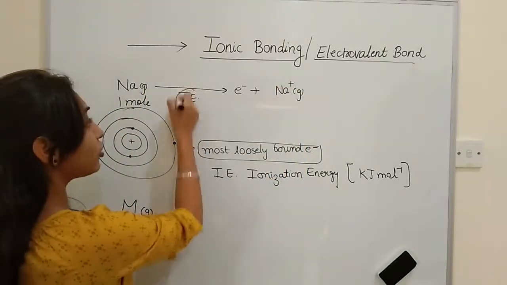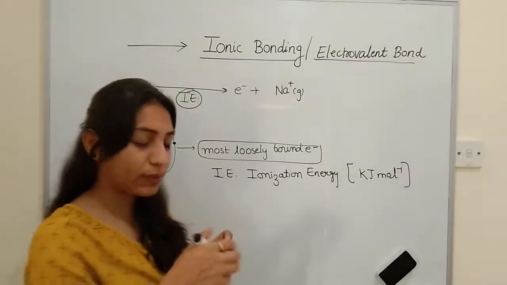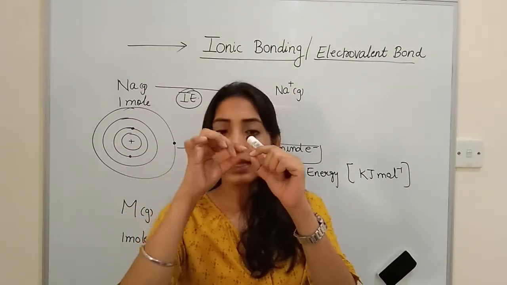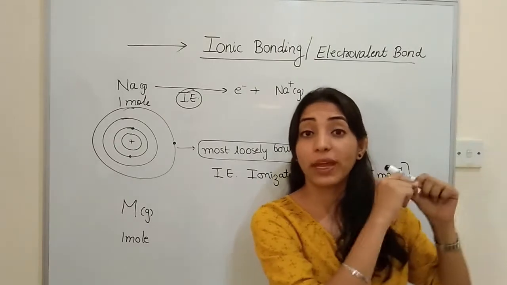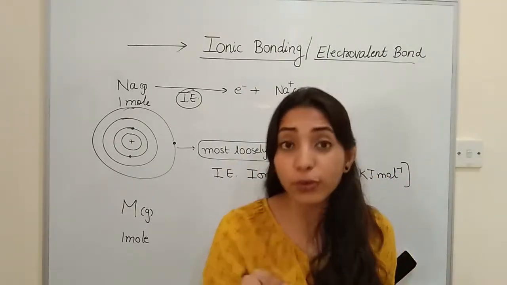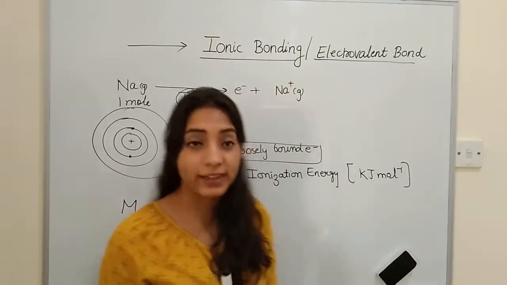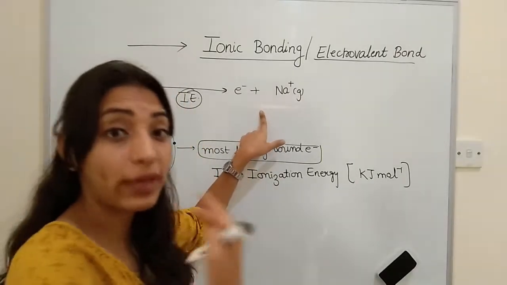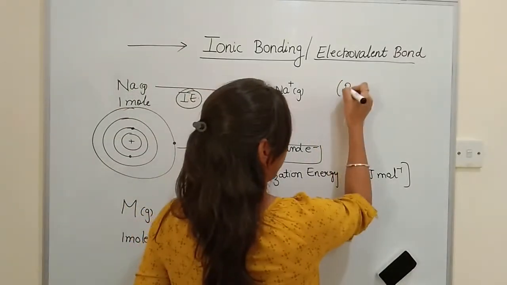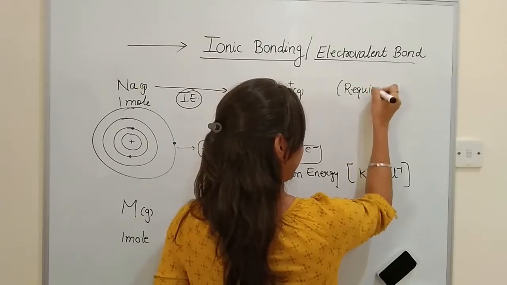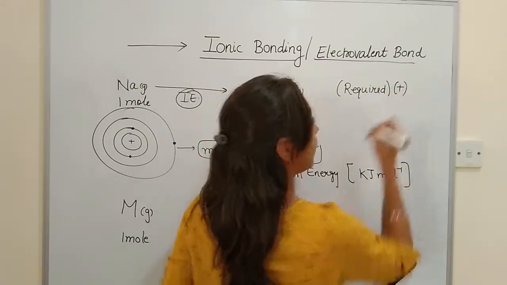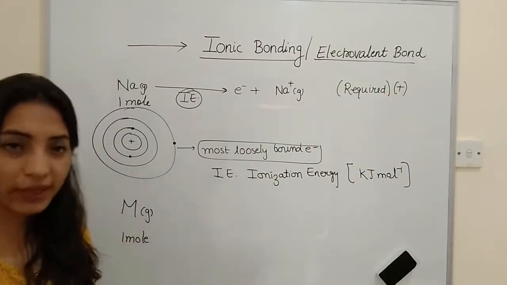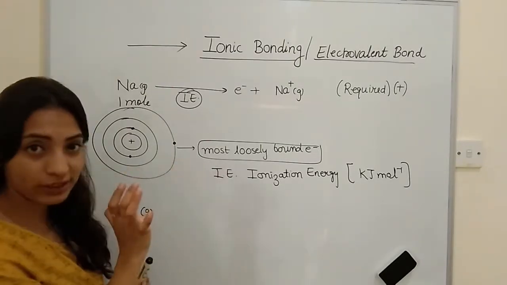So ionization energy you always have to give. Suppose there is this atom with the electron. This electron cannot come out by itself. For sure, you have to provide energy from outside. Now, since this is the energy which we have to provide, this is said to be required energy and will be positive energy. Okay, so this was about ionization energy.